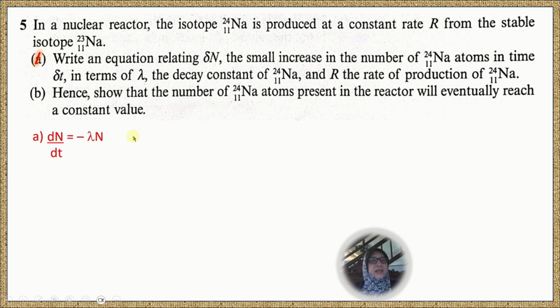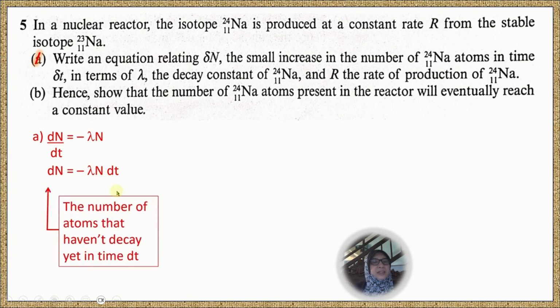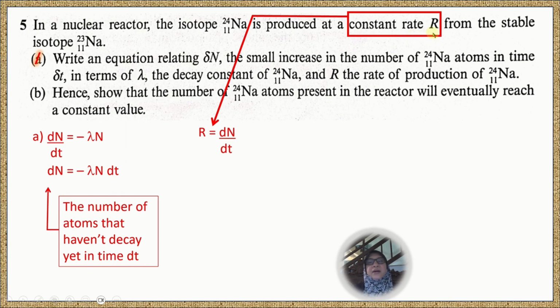Okay, question A. We use the formula dN/dt equals negative lambda N, and dN equals negative lambda N dt. This dN is the number of atoms that haven't decayed yet in time delta t. But the given R is dN/dt.